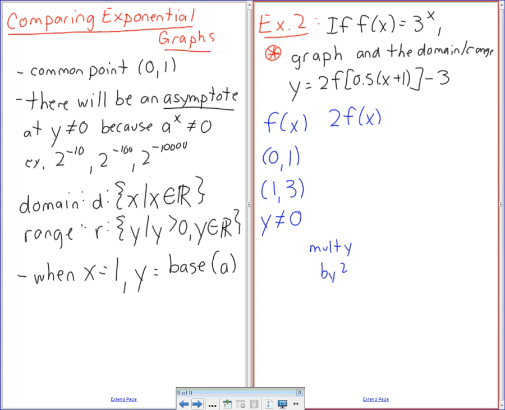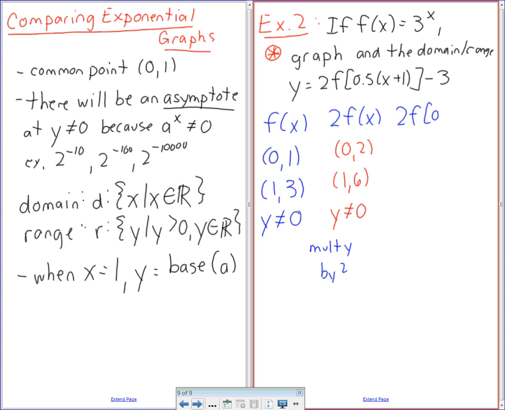Okay, so what this is going to change into is 0, 2, 1, 6, and y cannot equal 0. Because again, if you're dealing with an asymptote and I make it twice as big, well, it's still a line. Nothing's going to change there. Is this starting to come back for the left and right points for people, I hope, mostly? Okay, I'm going to get a second volunteer, please.